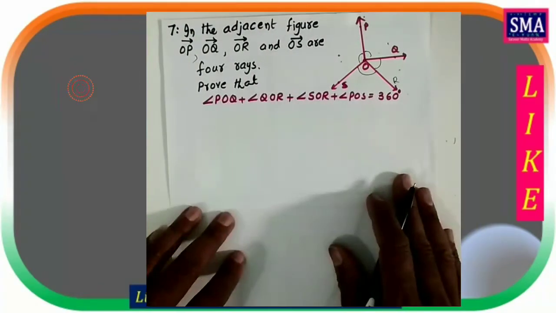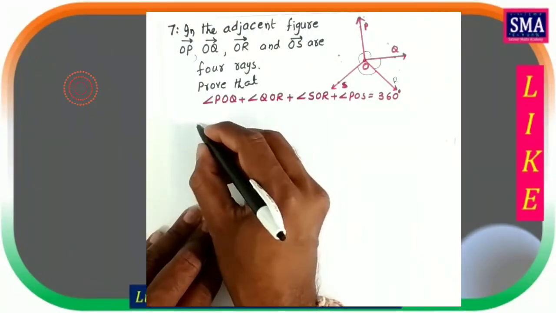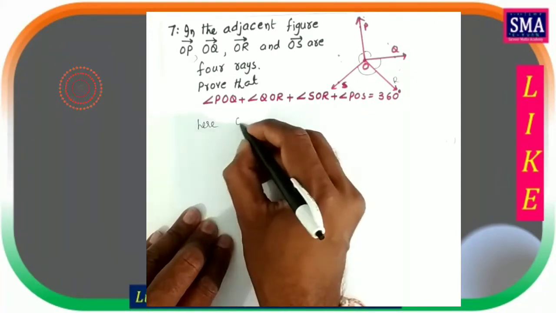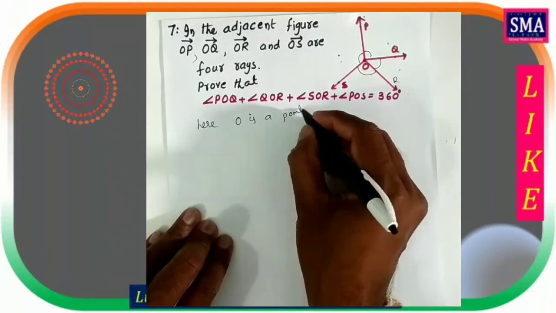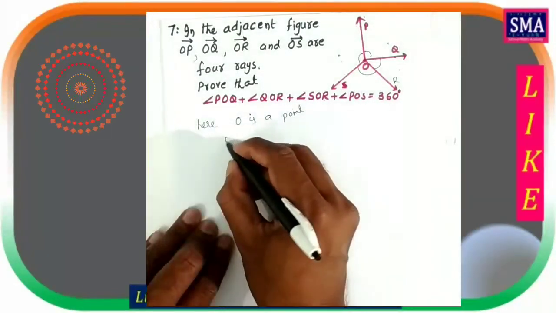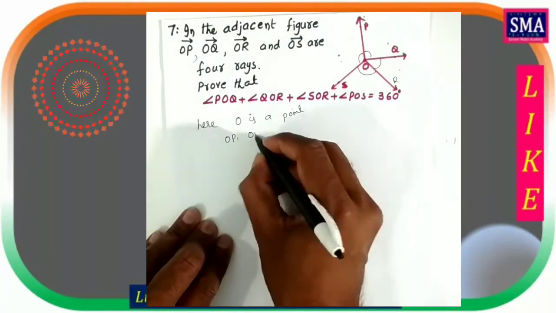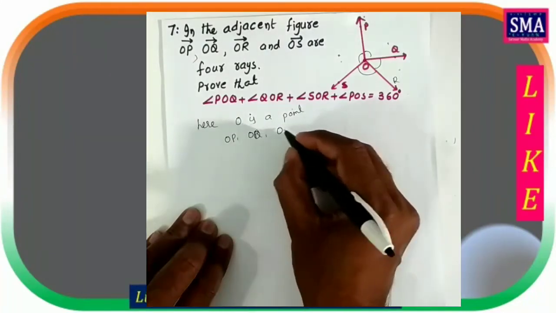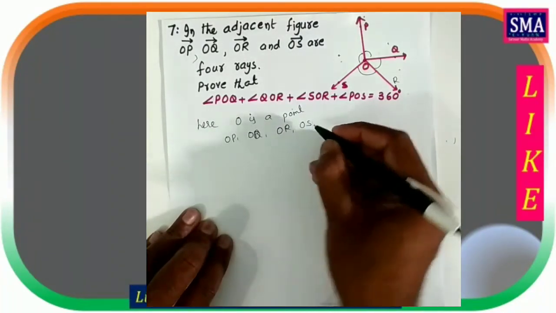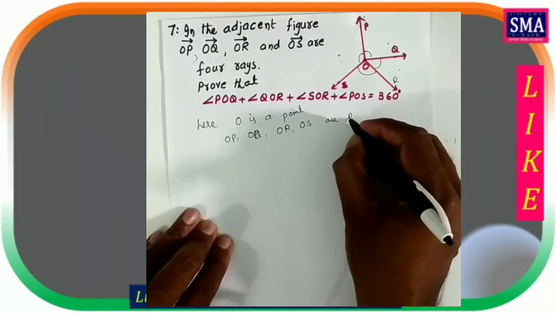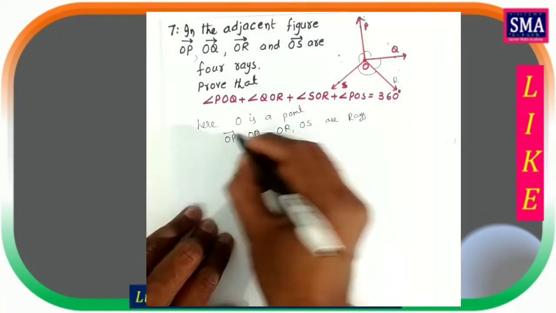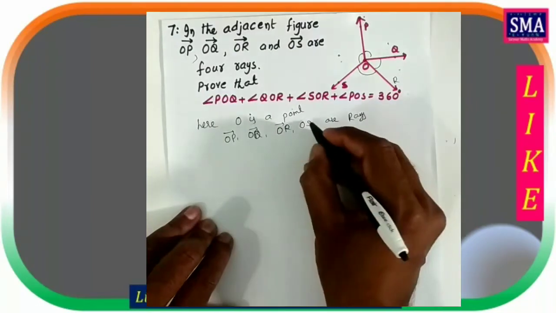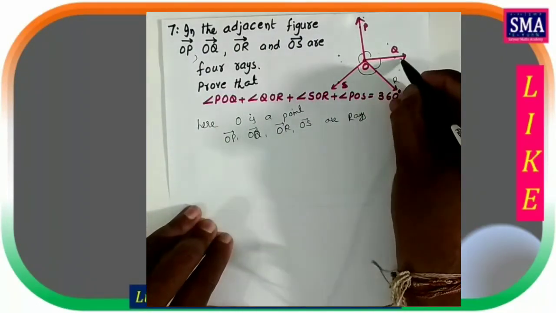So first of all, here O is a point, and OP, OQ, OR, OS are rays. These four are rays. Next one, OQ is a ray.